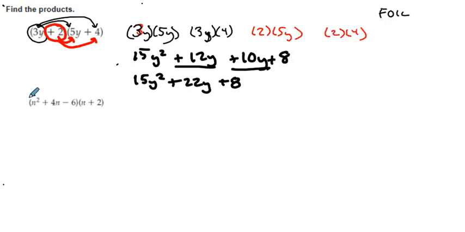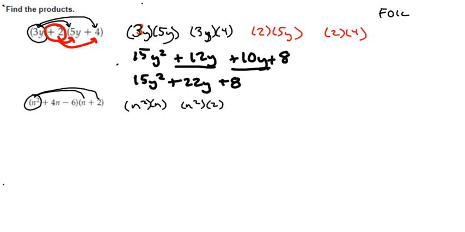Now this next one is going to be the exact same thing, guys, all right? So I'm going to start with my n squared term, and I'm going to multiply this by both of these terms, all right? So we're going to have n squared times n, and then we're also going to have n squared times 2. All right, cool.